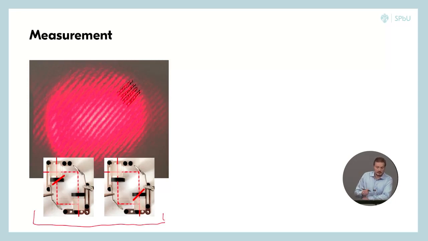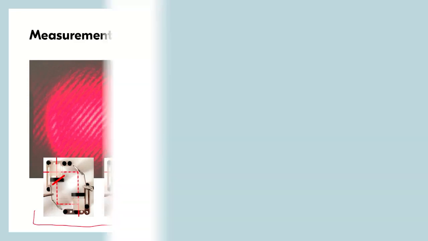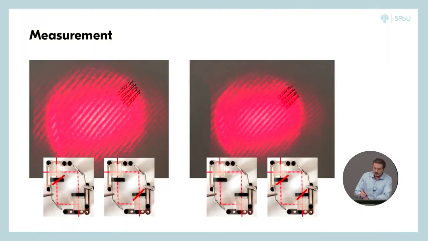And we see that the interference pattern is the same for both configurations. And for these types of configurations, with either the wave plates on both ways or no wave plates, we have this shift of bands.